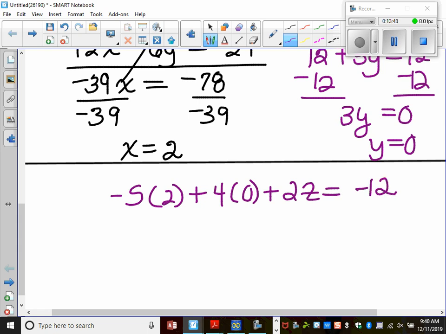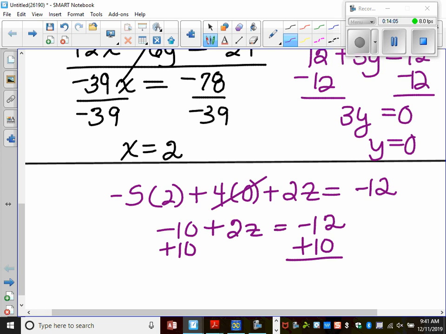And there's my equation. So as long as I'm only left with one variable, I can solve for that. So negative 10, this is just 0 plus 2z. And then when I add 10, I'll have 2z equals negative 2, so z equals what?